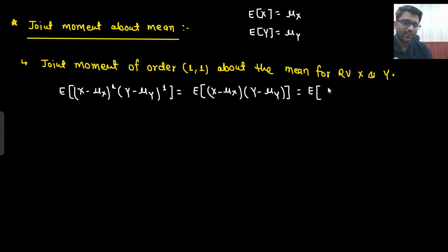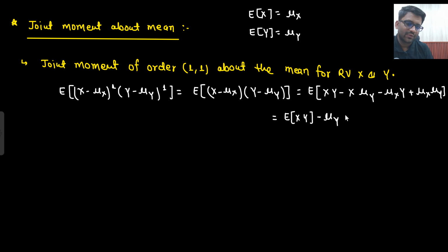So let's solve it inside. What you are getting? x into y, minus x into mu y, minus mu x into y, plus mu x mu y. So you are getting expectation of xy, minus mu y, since mu y is a constant, times expectation of x, minus mu x, a constant, times expectation of y, plus mu x mu y, both constants.